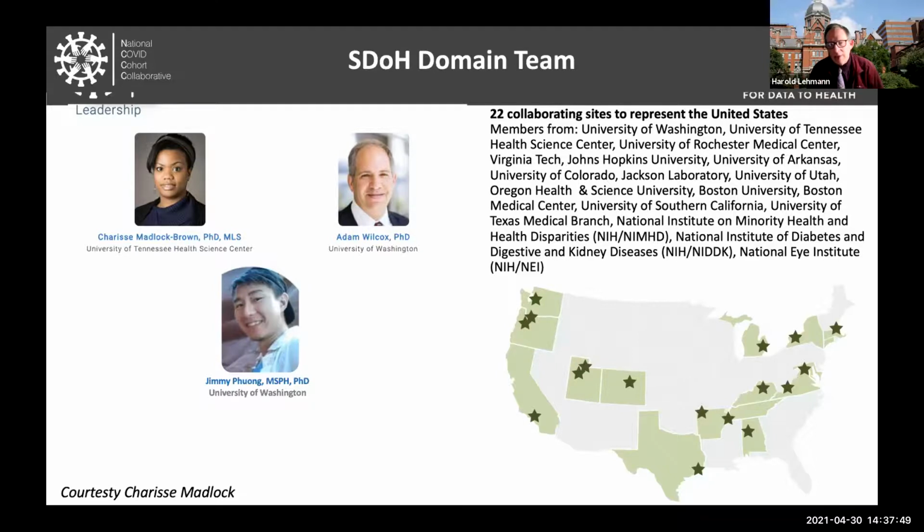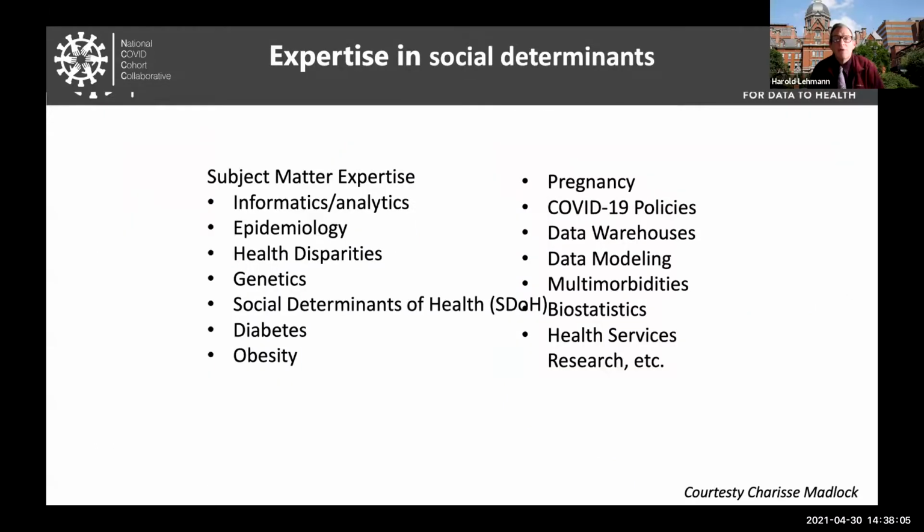And it's an amazing opportunity for younger folks basically to rub shoulders, even if virtually, with people from all over the country and all levels of expertise. So I can't say that strongly enough. Next slide, please. So the types of expertise we have just in the social determinants section is from subject matter of both at the domain level as well as methodology. Next slide, please.